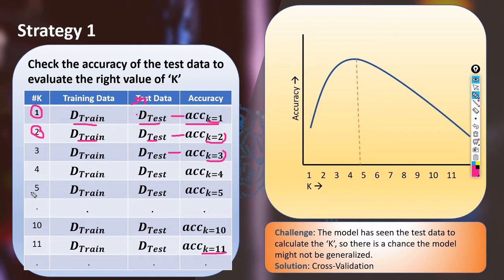So it's always better to choose k as odd numbers. Here, just for simplicity, I have taken sequential numbers 1, 2, 3 up to 11 and so on.